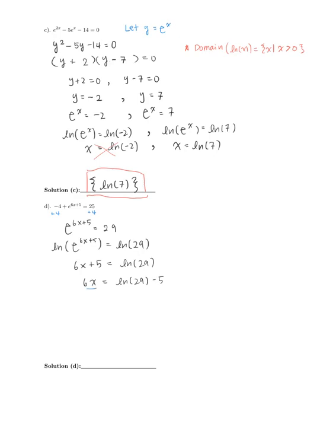Dividing by 6, it looks like we're going to have x equals ln of 29 minus 5, the whole thing over 6. I'm just going to write that as the solution. And there you go.